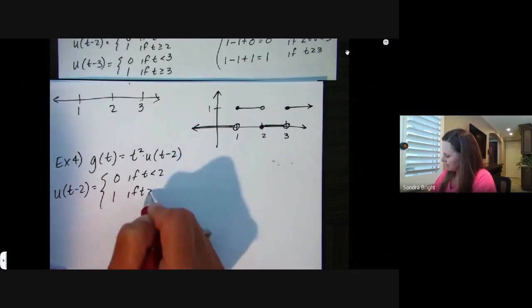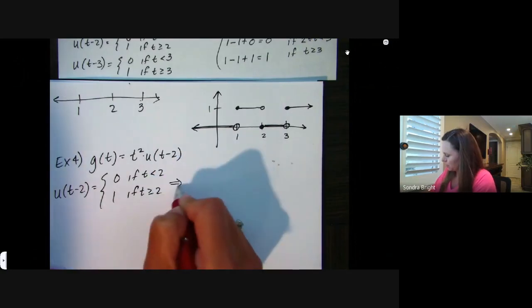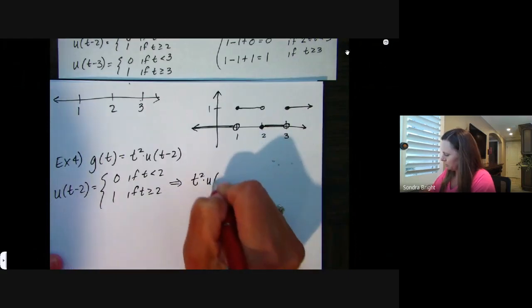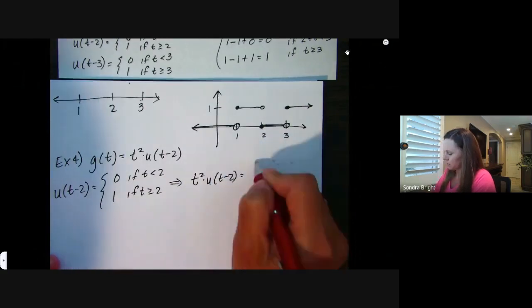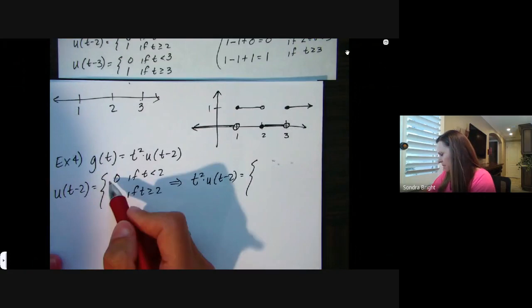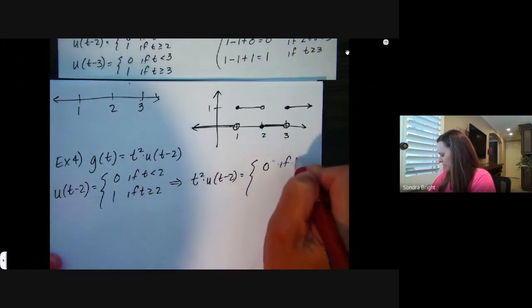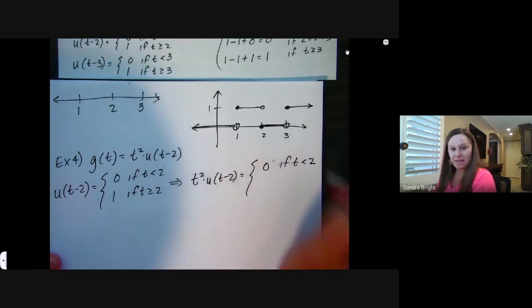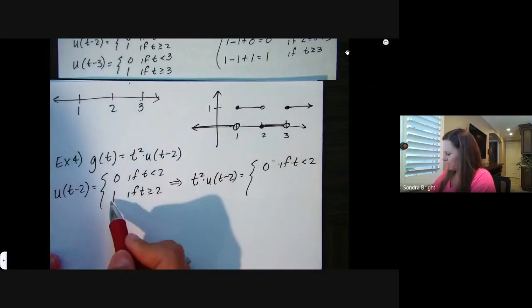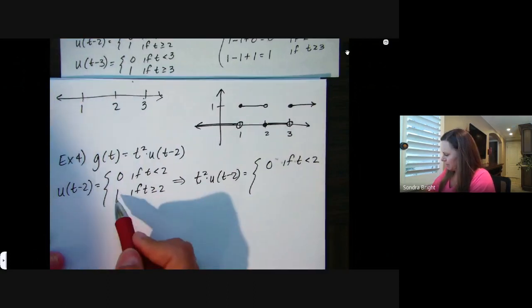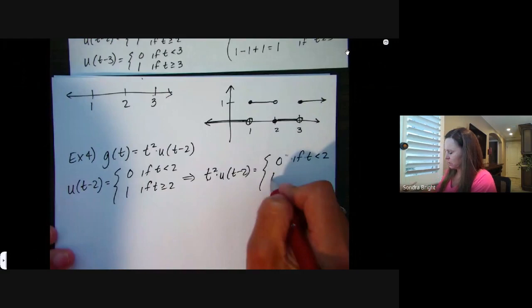Which means that t squared times u of t minus 2 will equal t squared times 0, so still 0 if t is less than 2, but t squared times 1 if t is greater than or equal to 2.